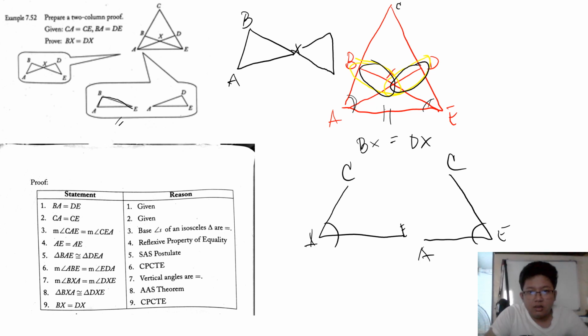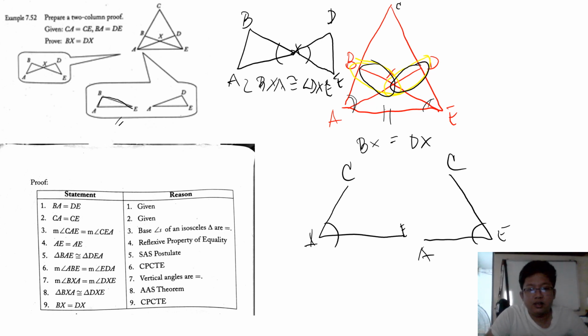Ayan din, no? So, ito naman yung DXE. Ayan. So, these two are congruent, BXA and DXE, through vertical angles. No? So, vertical angles are congruent. Yeah, so you can state that or you can say vertical angle theorem.